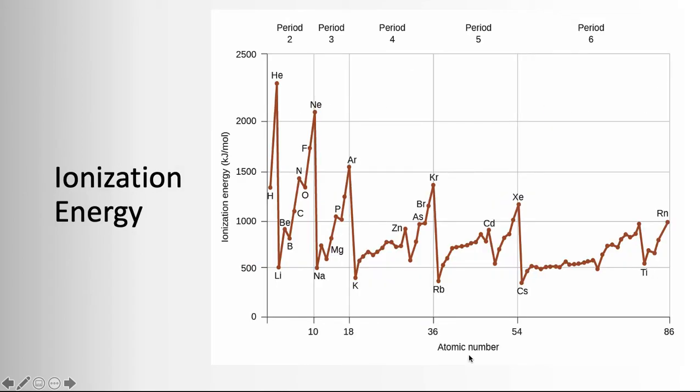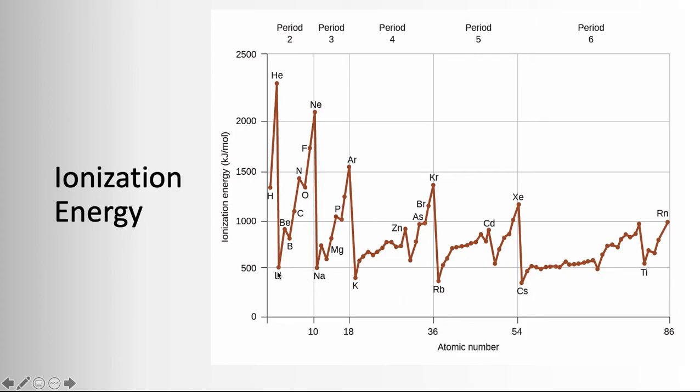And here it is. Once again, this is the group 8, the noble gas configuration. The ionization energy here versus the atomic number: helium has the highest, and then neon, argon, krypton, and xenon, etc. So as I go down a group, it decreases. And even here, as I go down a group, it decreases.